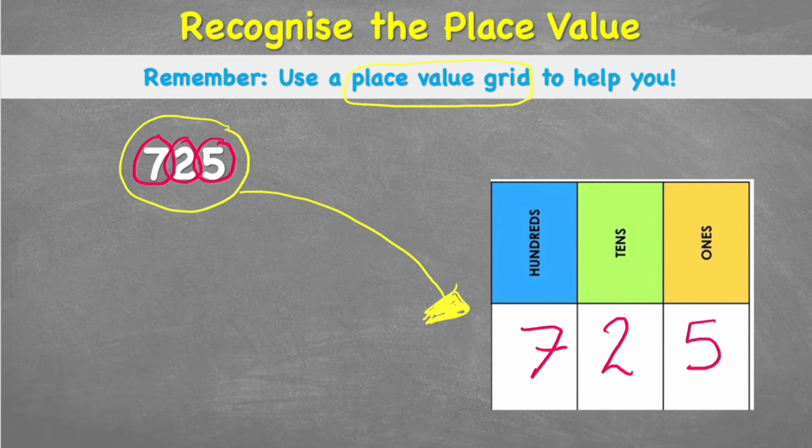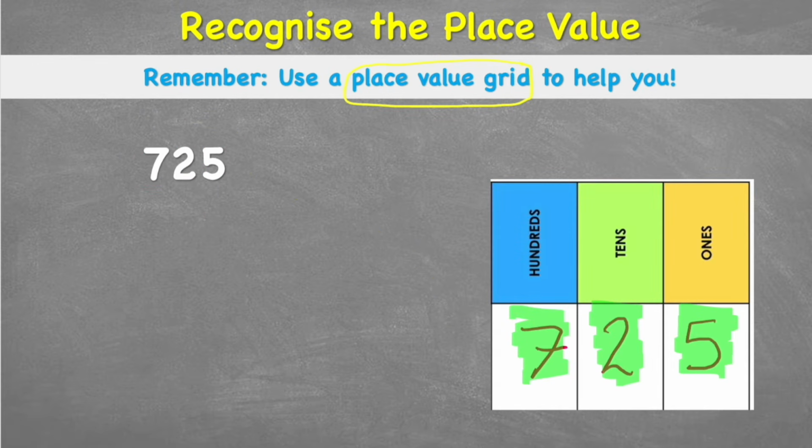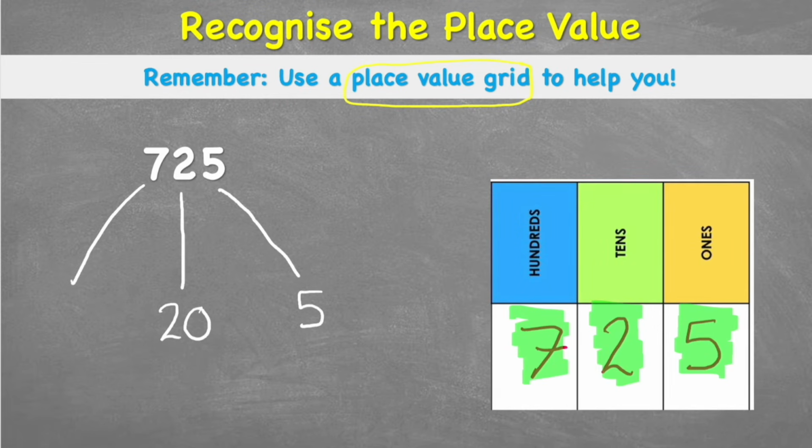Therefore, what we're saying is that we have 5 ones, 2 tens, and 7 hundreds. So therefore, another way that we could look at this number is to partition it, which means to break it into its place value parts. So we could say I have 5 ones, 2 tens, which would be 20, and 7 100s, which would be 700.